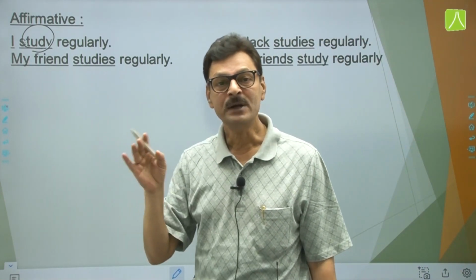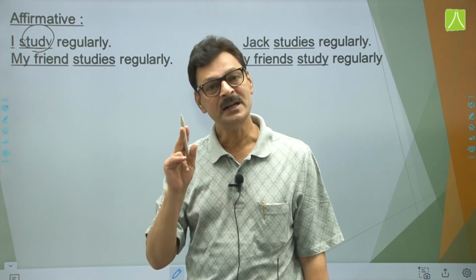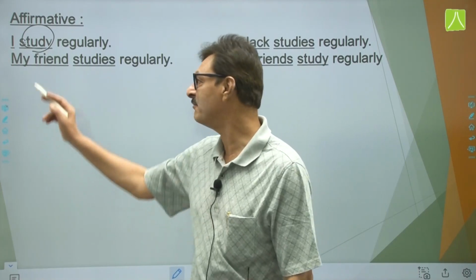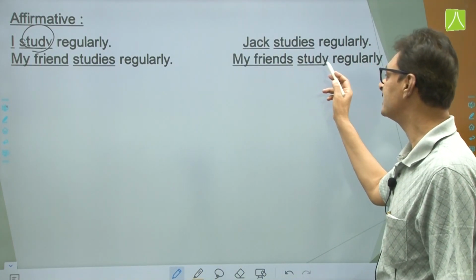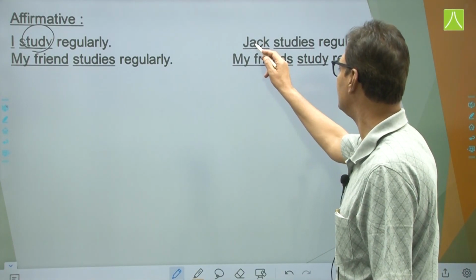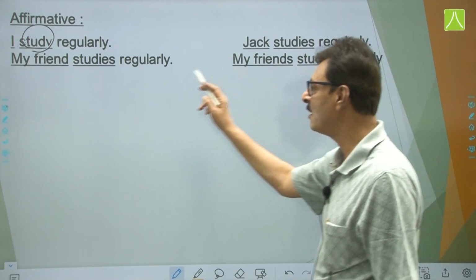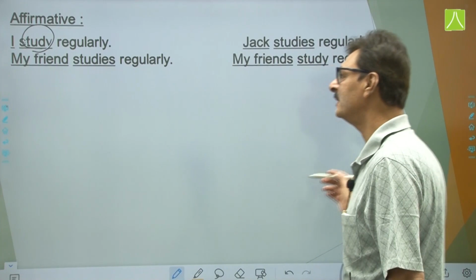My friend, if you get confused, study आएगा या studies? Singular है, my friend, we are talking about one friend, so my friend studies regularly. And यहाँ plural हो गया, my friends study regularly. Yes, तो singular S, Jack singular है, so Jack studies. My friend studies and so on. Easy way to remember this thing.